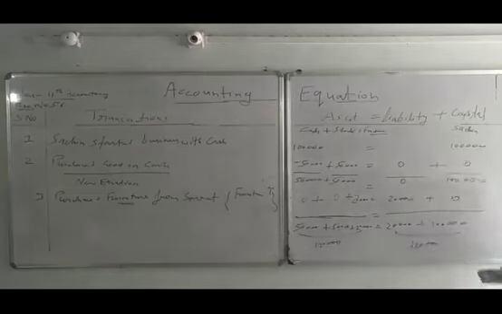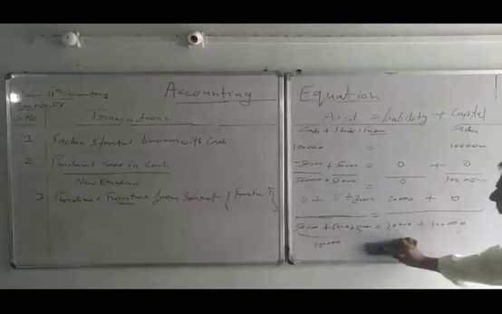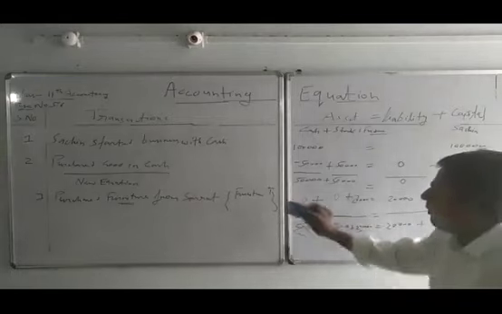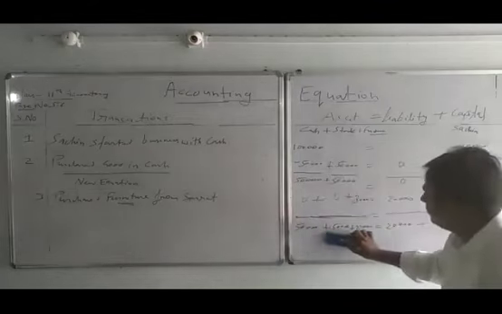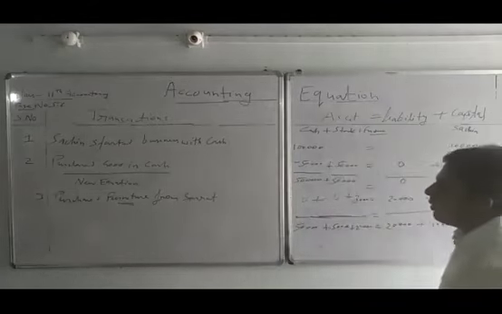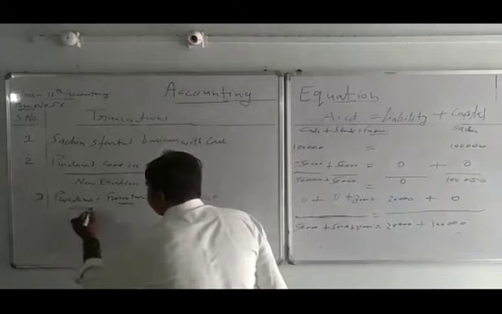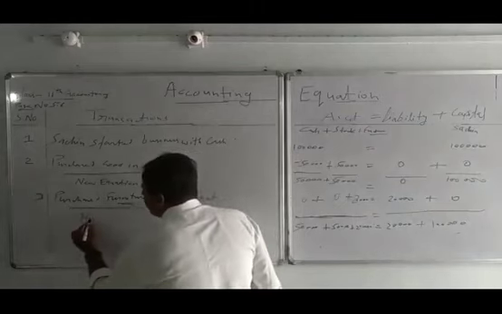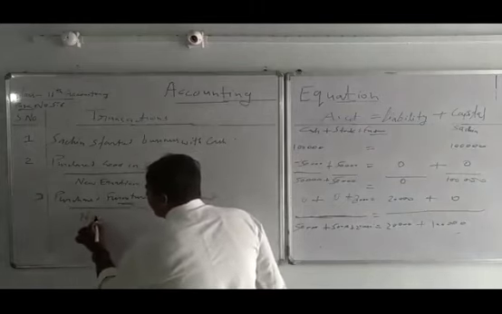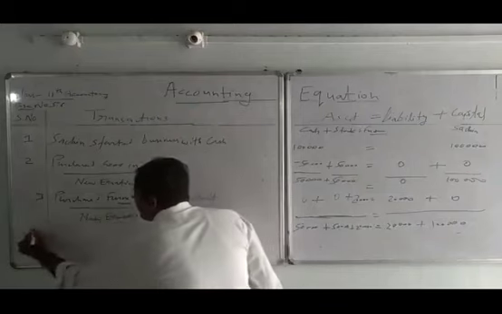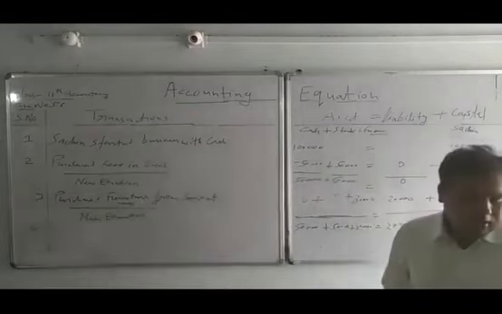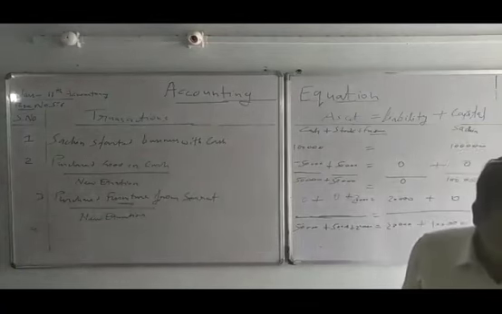Both are balancing. This is our new equation. Coming to our fourth transaction, what is the fourth transaction in the book?